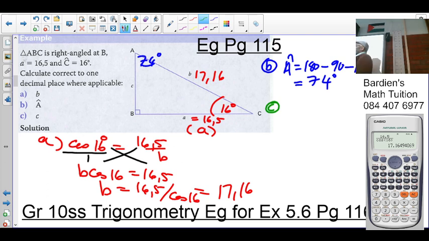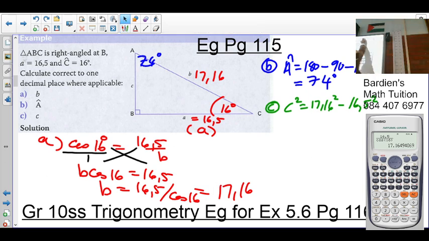And then C, lowercase c. So how are you going to calculate c? So I take this, and I say c squared equals 17.16 squared minus 16.5 squared. Or you could have said 17,16 squared is equal to 16,5 squared plus c squared. You guys understand?